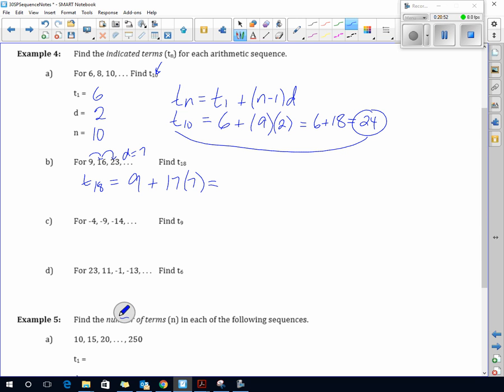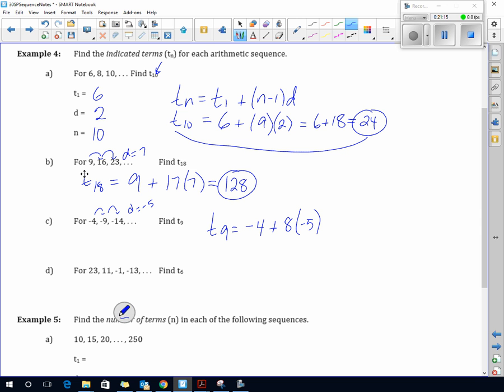What's my common difference? Minus 5, yeah. So term 9 would be the first term, which is negative 4, plus 8 times minus 5. So negative 40 and minus 4 is negative 44. Yes? And what's happening this time?